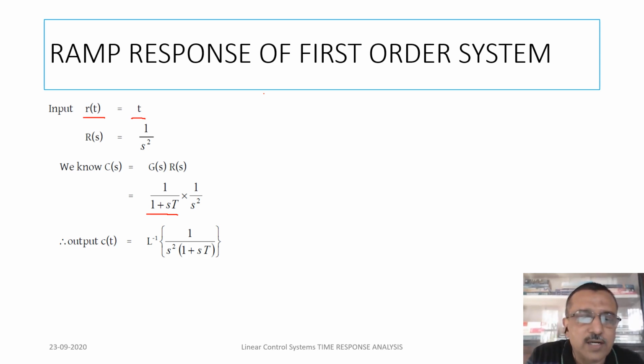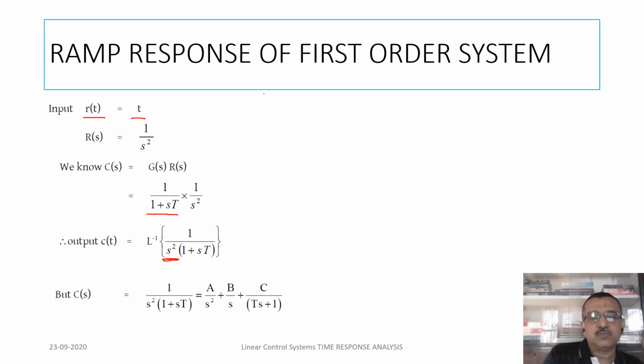You look here, for this inverse there are various special cases, and you should know all of them. There is s square here. Once s square is there, we say there is a repeated pole at origin. You should expand it as a by s square plus b by s plus c by 1 plus st. This is the conceptual point. Now you have to find a, b, c.